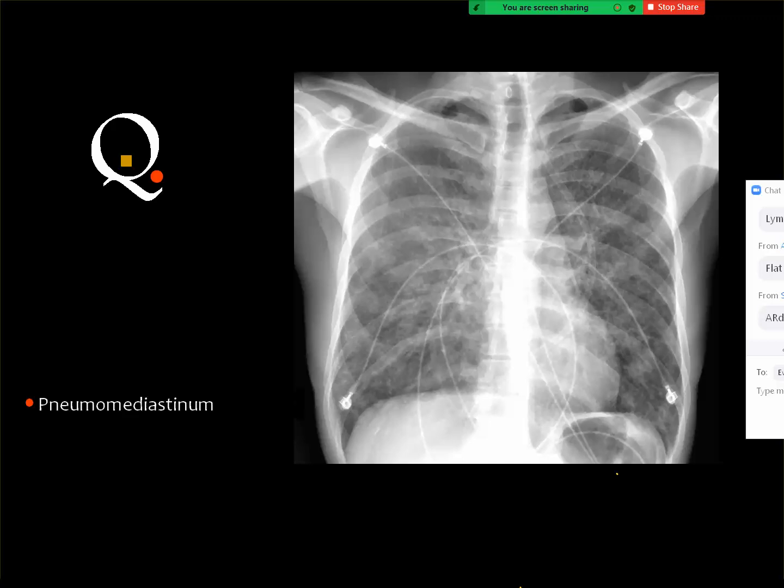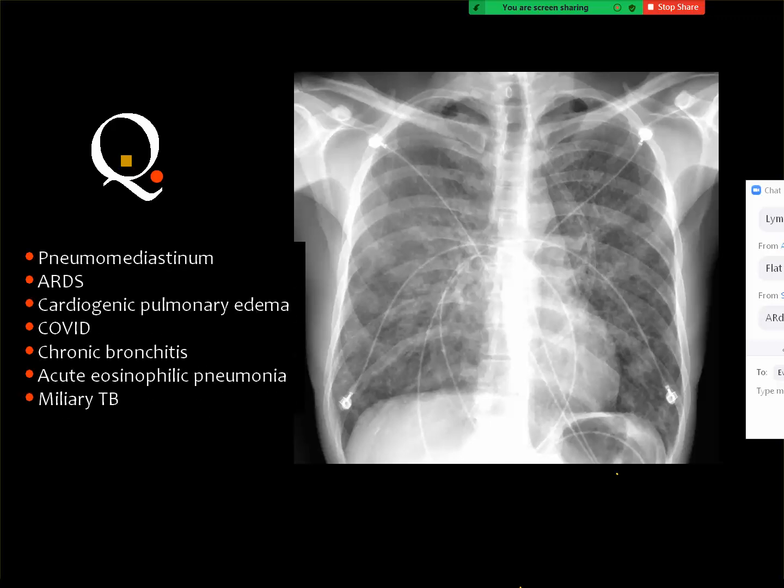Let us say we provide this differential diagnosis: pneumomediastinum, acute respiratory distress syndrome, cardiogenic pulmonary edema, COVID, chronic bronchitis, acute eosinophilic pneumonia, and miliary TB.